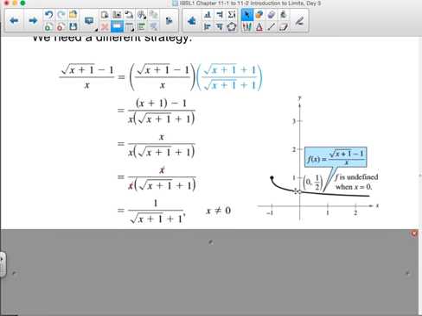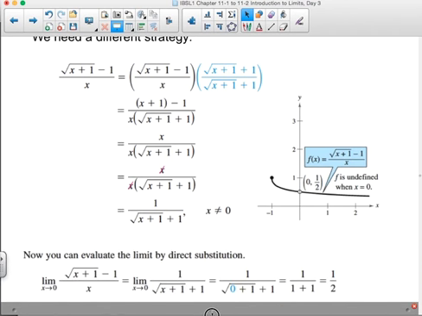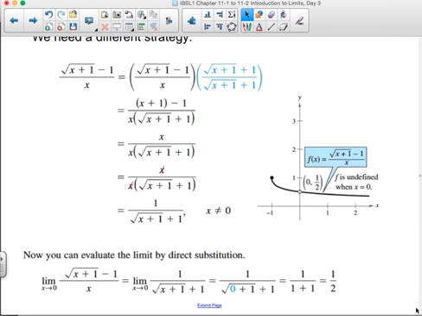Even though the function's not defined at that point, we use the direct substitution by plugging in 0 for x, and that'll tell us what our function approaches. We have 0 plus 1 is 1, square root of 1 is 1, so we have 1 over 1 plus 1, so 1/2.